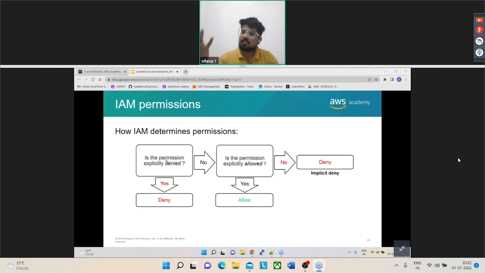Now suppose nothing is explicitly denied for Nathan's IAM user. It will move to the second phase, where it checks whether the permission is explicitly allowed. Yes, I have created one policy where I'm explicitly allowing Nathan to access the EC2 service. It checks that under the allow statement, and if yes, then it will allow Nathan to access the EC2 service.